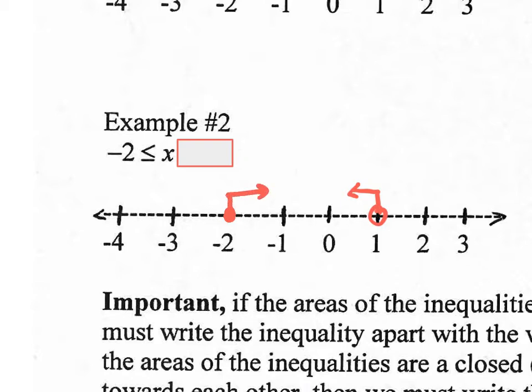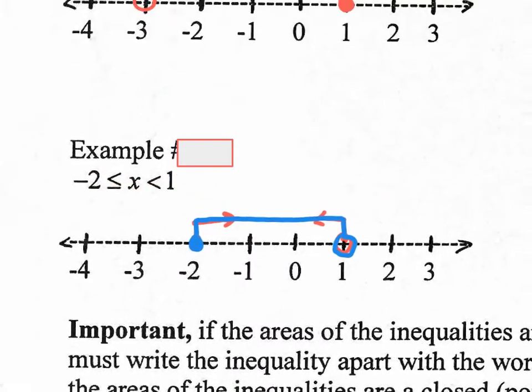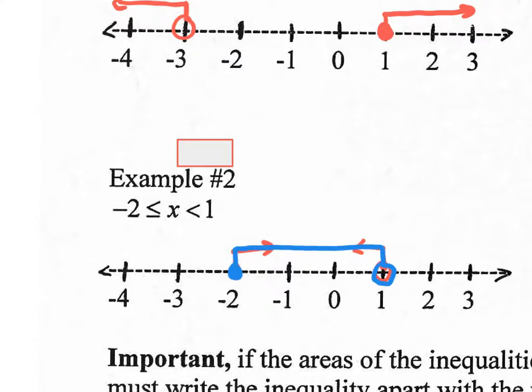You could draw it like that, but I recommend converting those arrows to just a solid line that's connected. So that is the graph of the compound inequality -2 less than or equal to x less than or equal to 1.